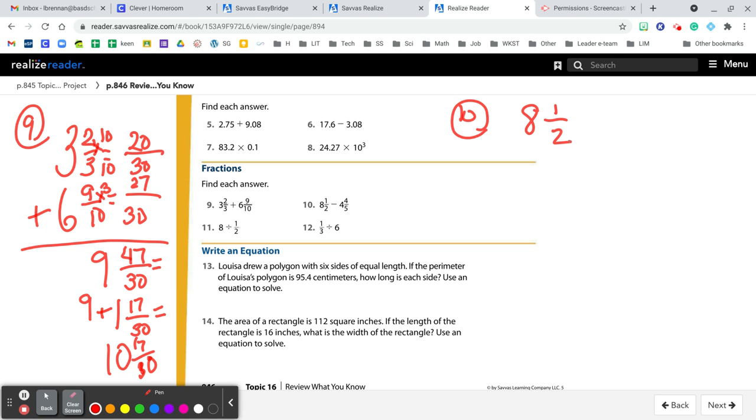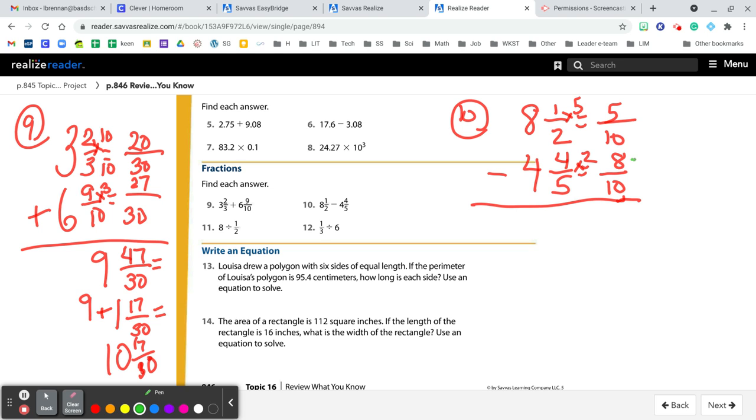Number 10, 8.5 minus 4 and 4/5. Denominators are different. Find an equivalent fraction. I'm going to multiply these two together, and I can get a nice equivalent fraction that way, a nice small one. Rename. I can't subtract 8 from 5, so I'm going to have to borrow.